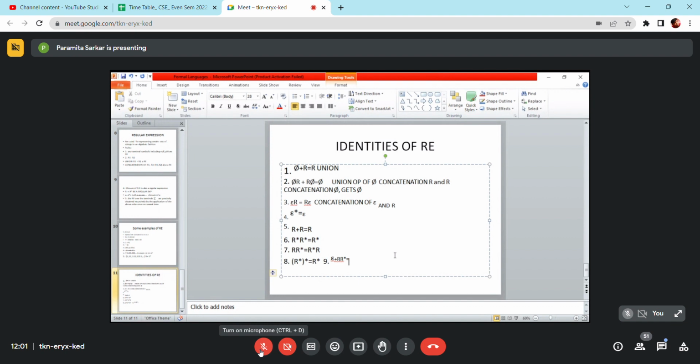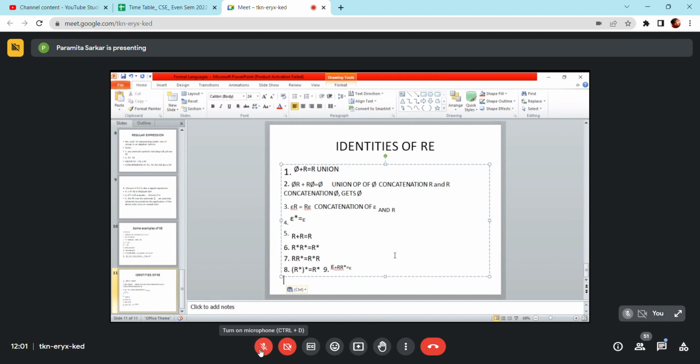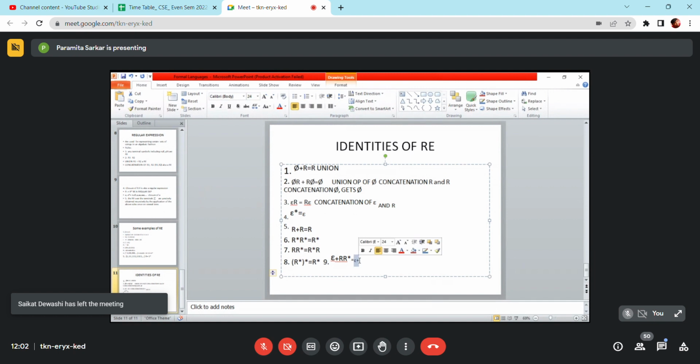If we do this, then it is epsilon plus, now what is r star? What is r asterisk? It is nothing but closure of r and r. So you write it, closure of r and r.